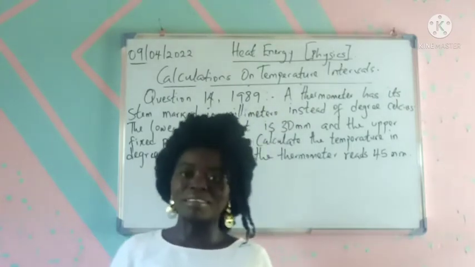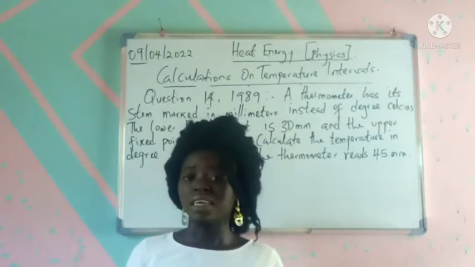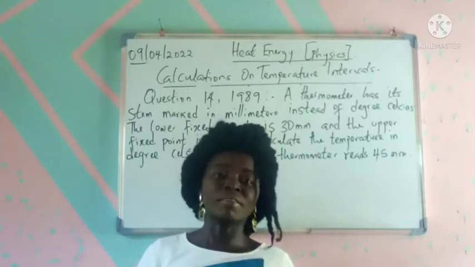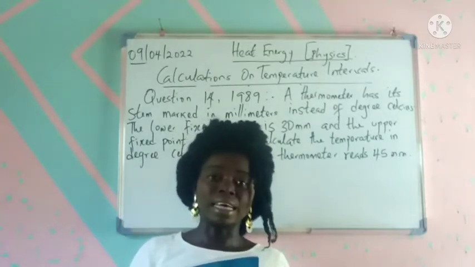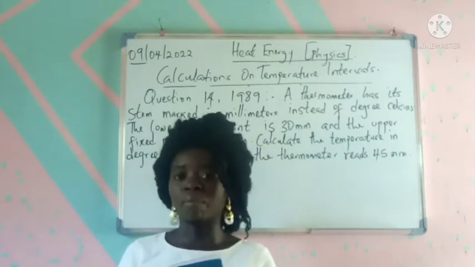The first thing I always say is that whenever you're given a question, the first thing you're expected to do is to bring out your data, because that's what we're going to use to solve, so that whatever formula we have to input our data into, we can easily bring out the formula and then input the data as we go along.